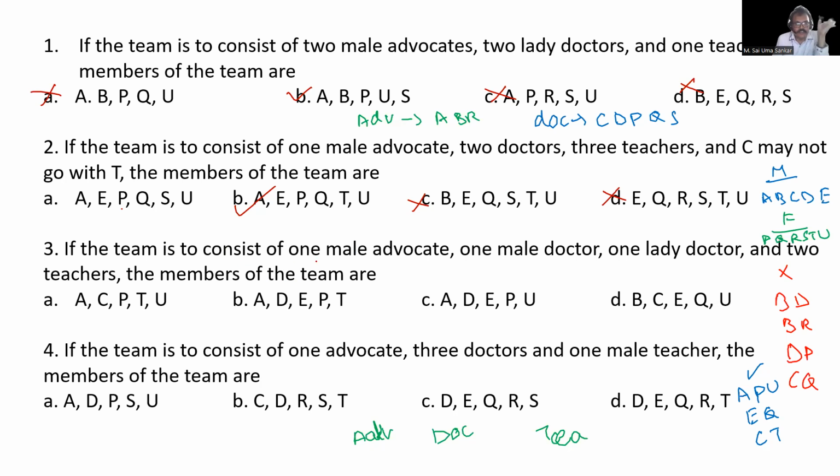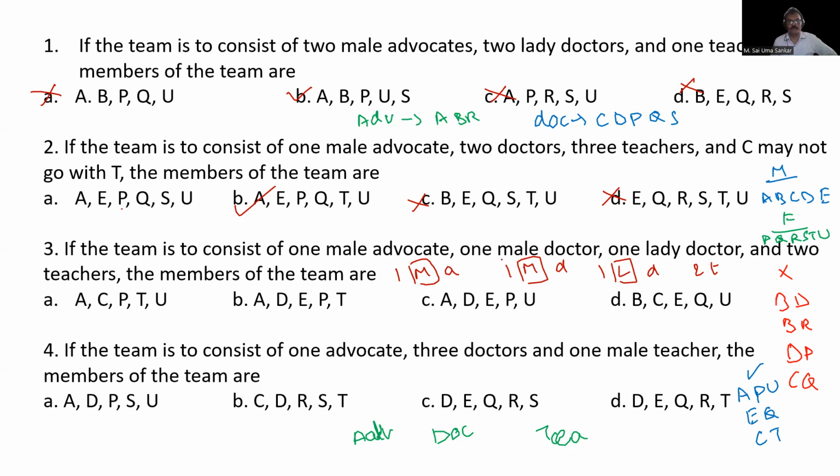If the team consists of one male advocate, either A or B, one male doctor, one female doctor, two teachers, right? Two teachers, male or female, is not mentioned.